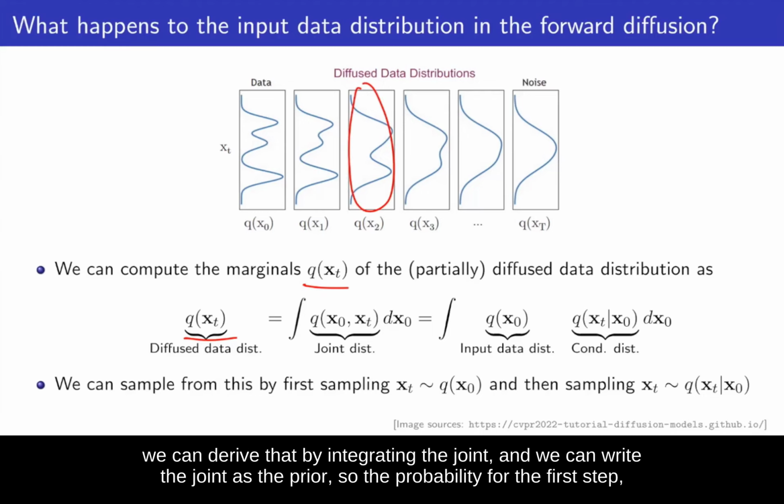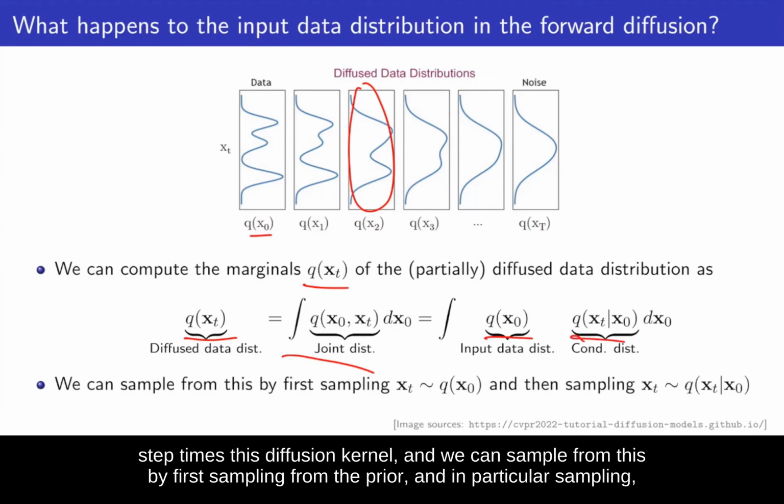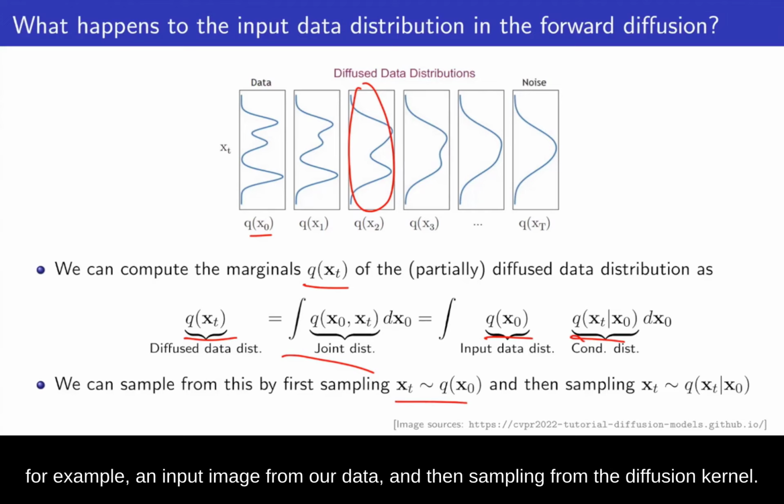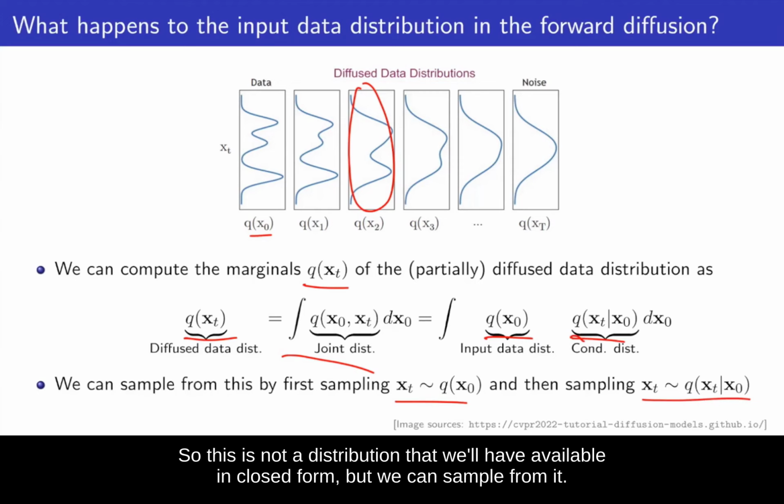We can derive that by integrating the joint, and we can write the joint as the prior, so the probability for the first step, times this diffusion kernel. We can sample from this by first sampling from the prior, in particular sampling, for example, an input image from our data, and then sampling from the diffusion kernel. So this is not a distribution that we'll have available in closed form, but we can sample from it.